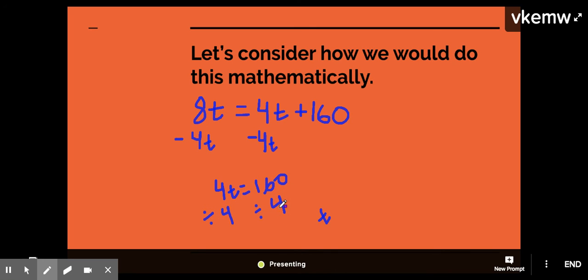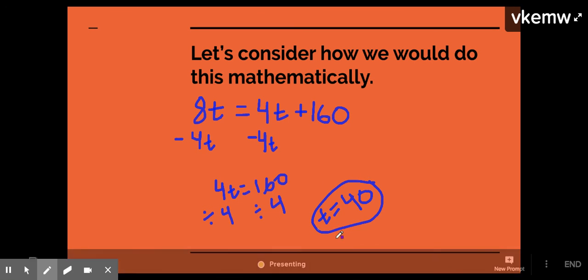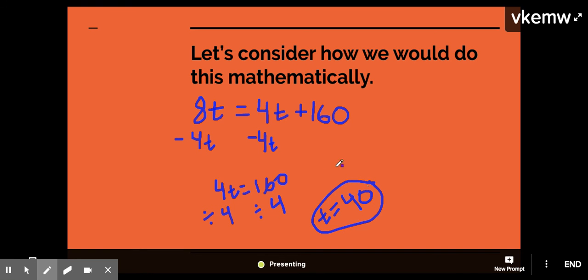Well, 16 divided by 4 is 4, so I just do 4 plus 0. So it ends up being 40. So at 40 is when I break even. At 41 shirts, I start making my profit. So we can find the intersection point this way also, mathematically by solving for t.